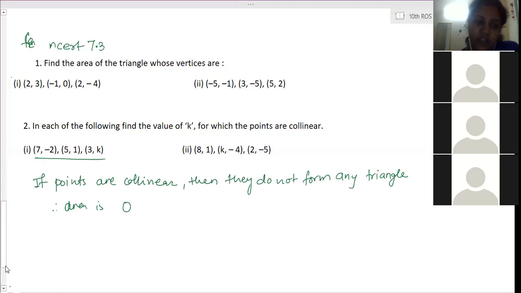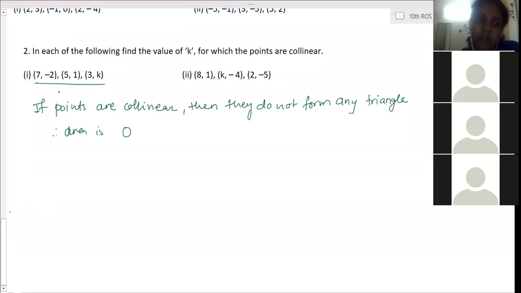Try to find out the area then. So area is equal to 0. So you have to calculate the area. 1 by 2 absolute sign, 7 minus 2, 5, 1, 3k, 7 minus 2. This is equal to 0.